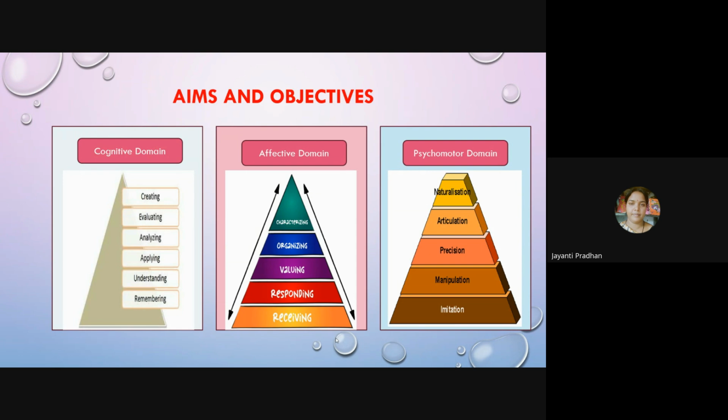Here you can see the pyramid. Which one is broader here in all these three domains? In the cognitive domain, among these 6 levels, which level is placed in the broader area of the pyramid?